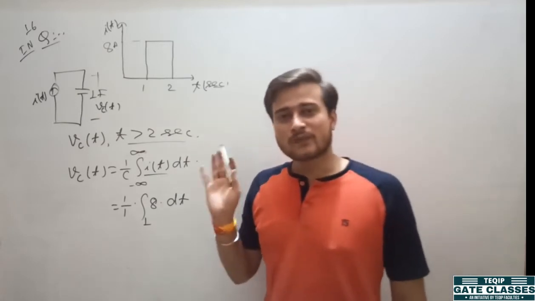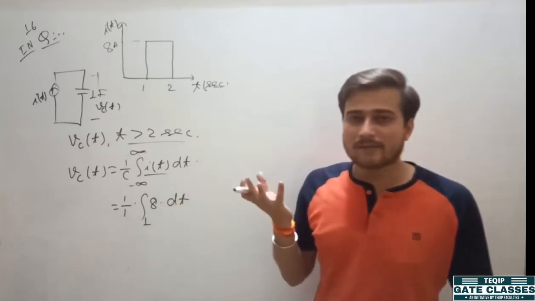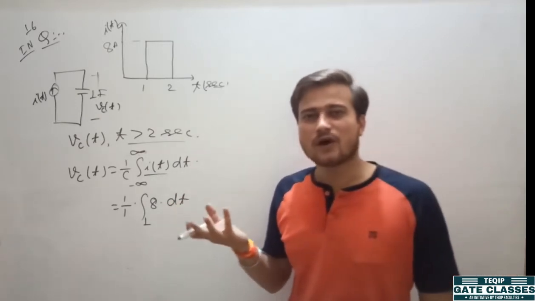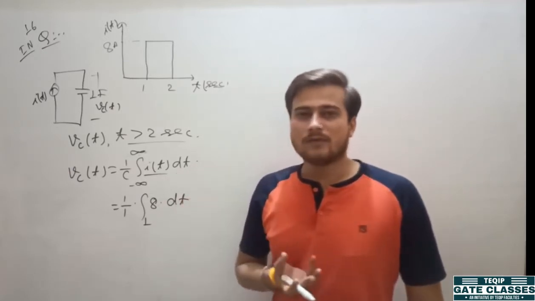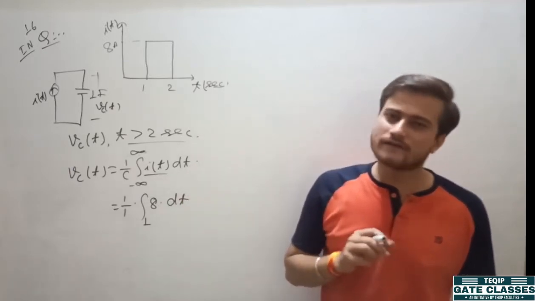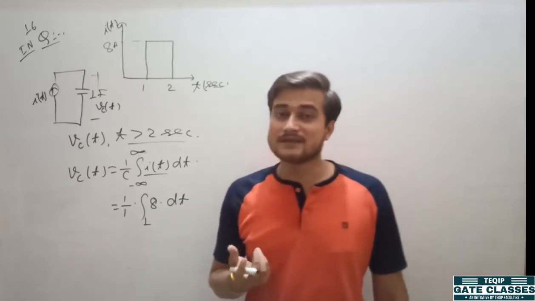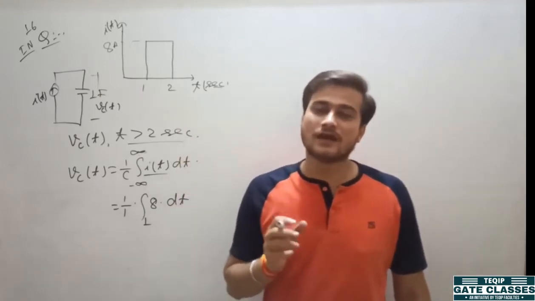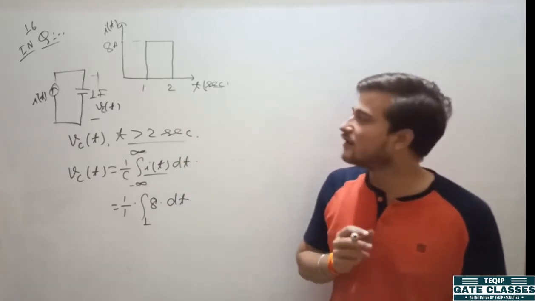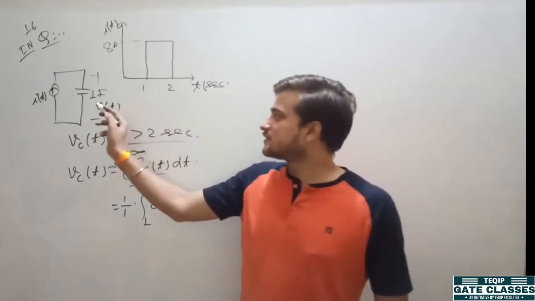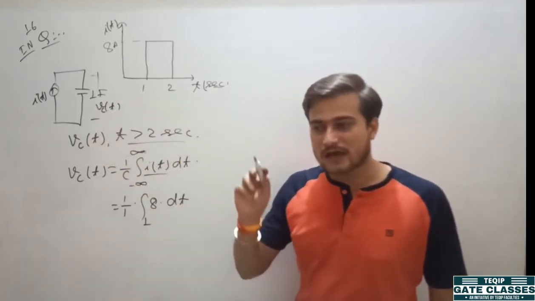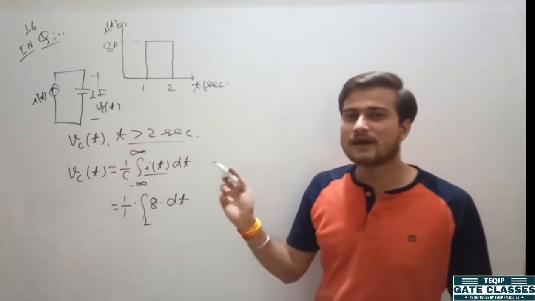After 2 seconds the source is 0. So now what will happen? The capacitor will be neither charging nor discharging. Why? Because capacitor will charge only if there is supply, and capacitor will discharge only if there is a resistor connected across the capacitor, so that there will be some path and it will start discharging.